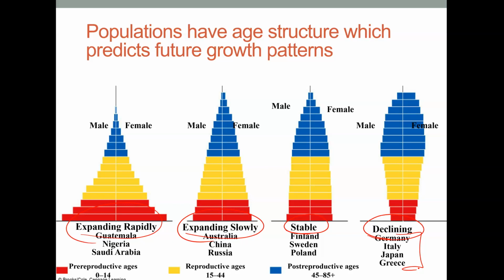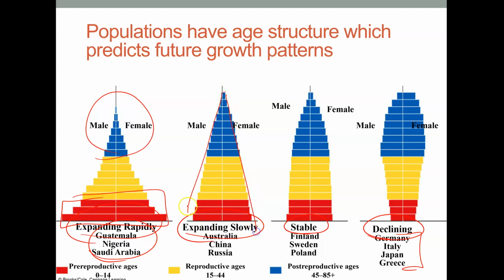On the other hand, a lot of African countries and Latin American countries are going to have explosive growth over the next 20 to 30 years because they have so many young people compared to the older segment of their population. And then we have something somewhere in the middle where we see a slow expansion of growth.